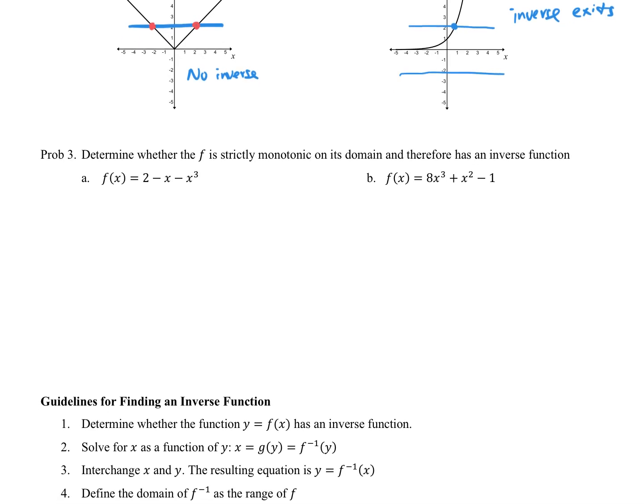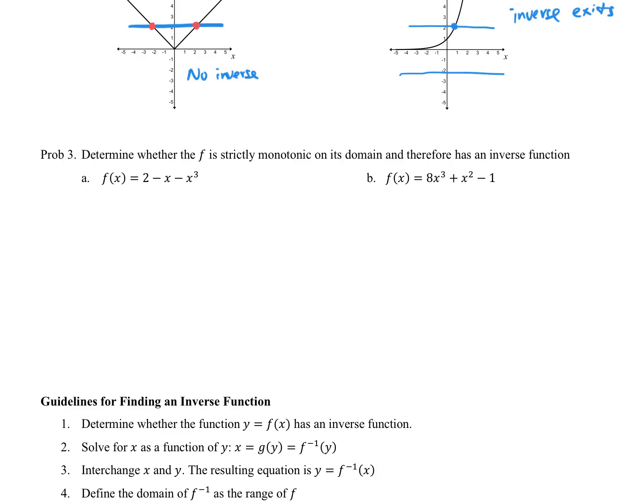Here we want to check whether each one of these is strictly monotonic on its domain, and therefore the inverse exists. So there are different approaches. Because we're talking about horizontal line tests, I would use the geometrical approach and make a graph of that. So please, using your calculator, make a graph of that.